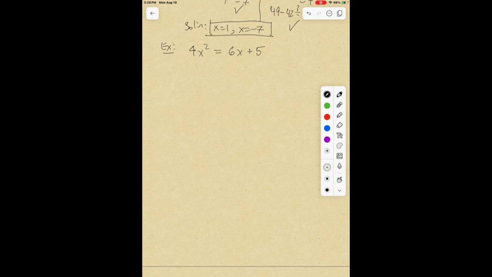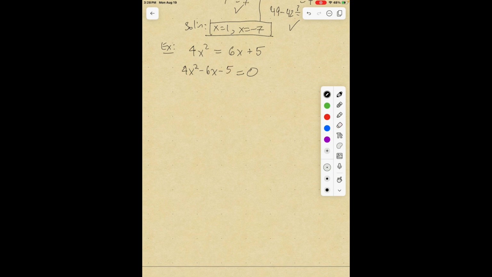But for a quadratic, what we really want is 0 on one side. So we will subtract 6x and then subtract 5 to get 0. And now I need to solve this.